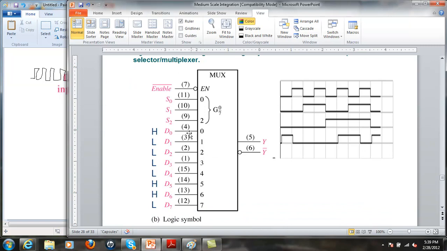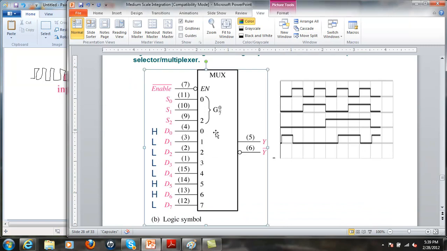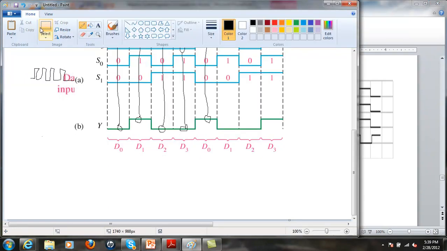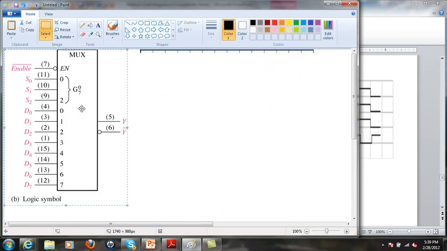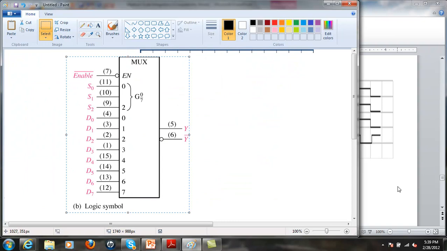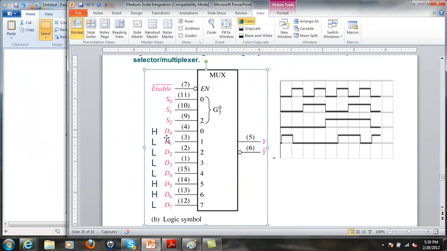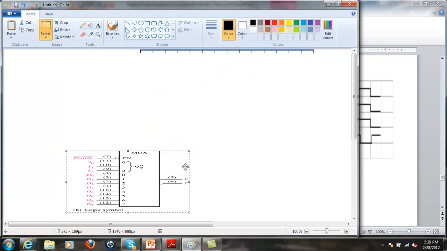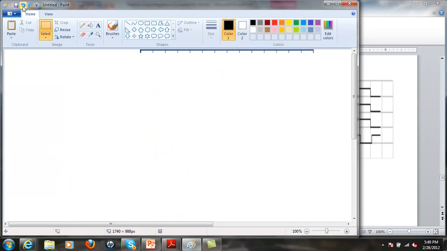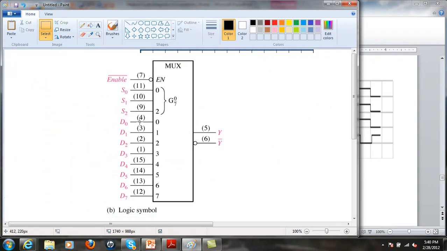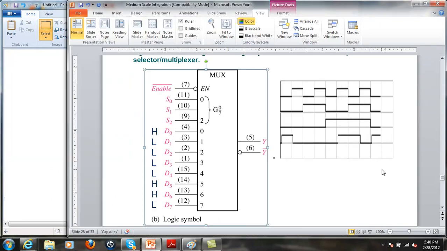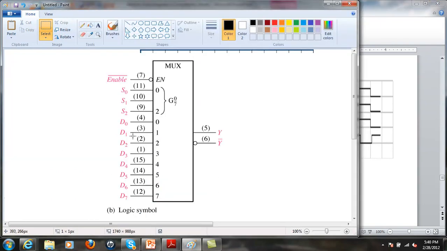Another thing I could do is have a static input. Let's erase all this. So in this particular case, I had high, low, 4 lows, 2 highs. So I had 4 lows, high, 4 lows, 2 highs.